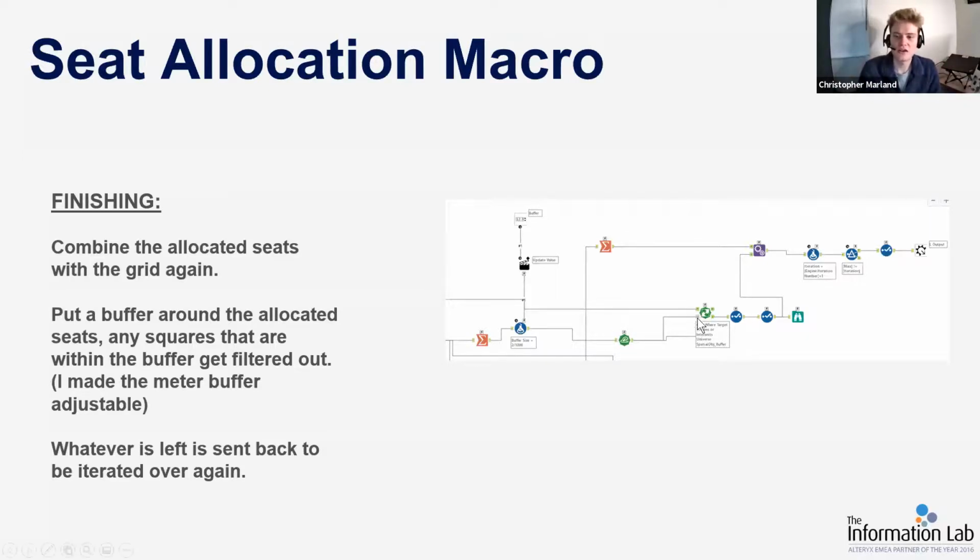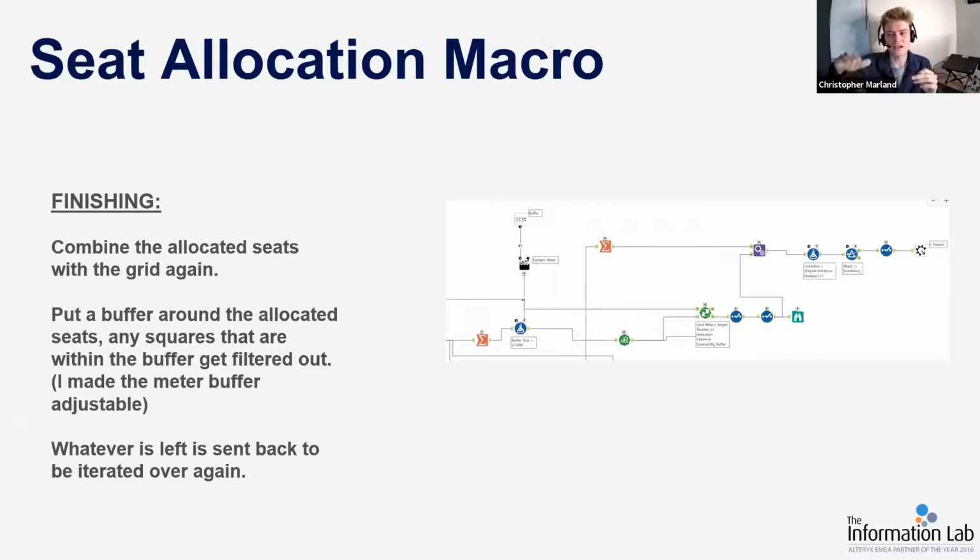And then we do a spatial match. So if any square in the grid touches our seats that are being allocated, we get rid. They're gone. So as you can see, the connection, it's very, very small there, but it's the U. In the spatial match, it's the unmatched that goes through.